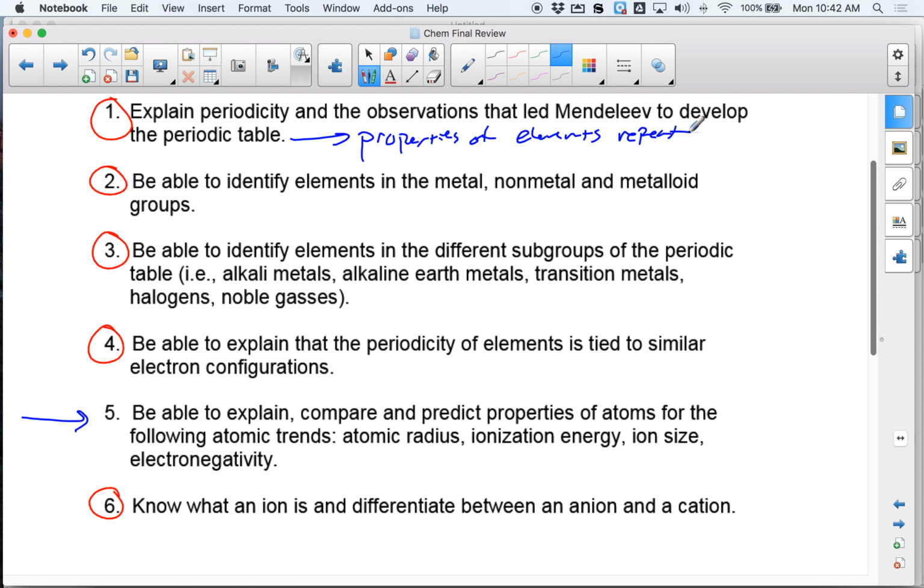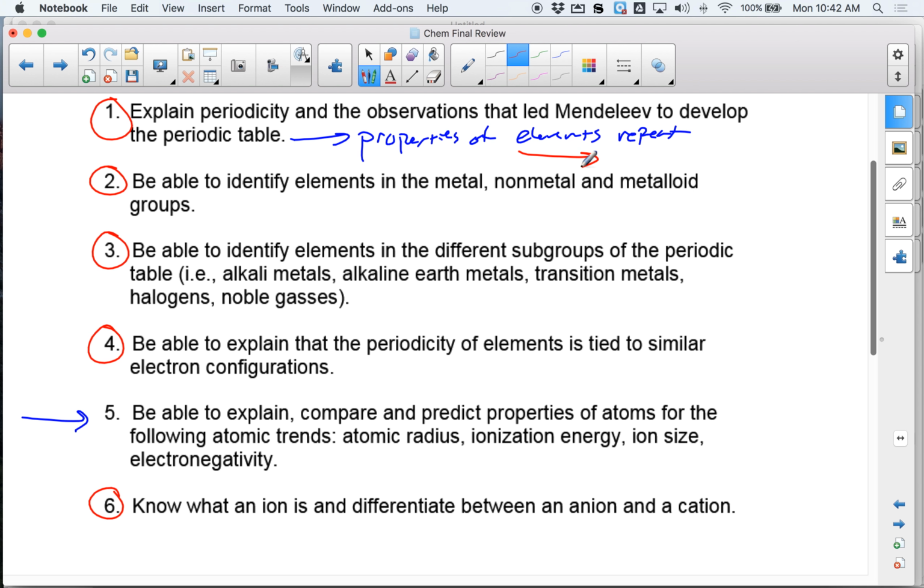So remember, Mendeleev organized his periodic table and left holes in there for things that he figured we hadn't discovered because there wasn't really anything else that matched up as far as the properties go. Now, the thing that we need to relate this to, which Mendeleev didn't know because they didn't know anything about specific atoms back then: why do carbon and silicon have similar properties?